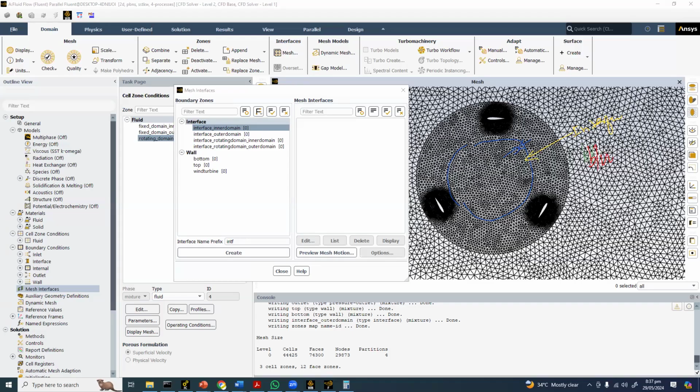Interface between this inner domain and the blade domain. The blade domain is rotating actually. Okay. Then we have the next boundary that is over here.